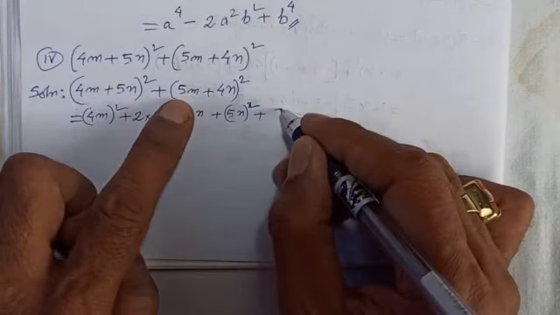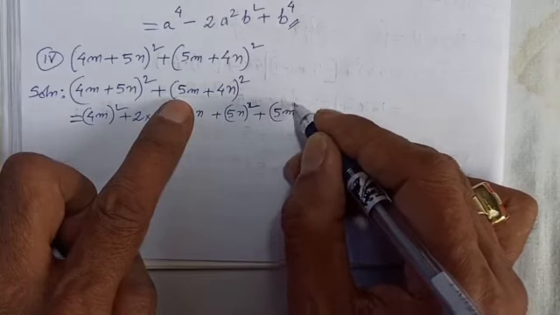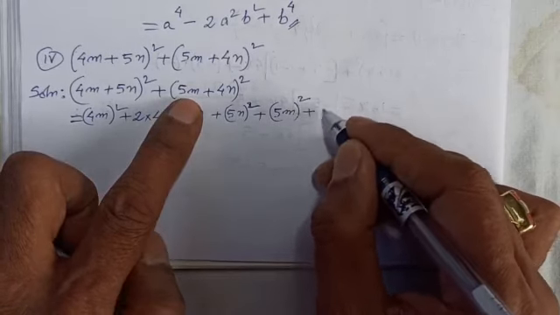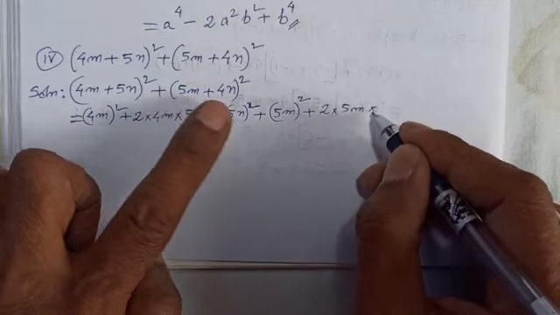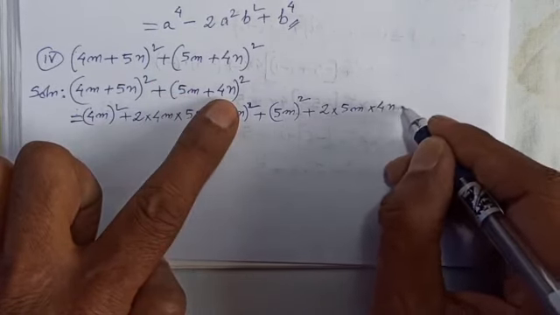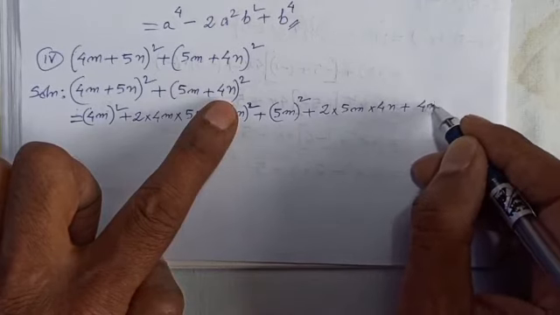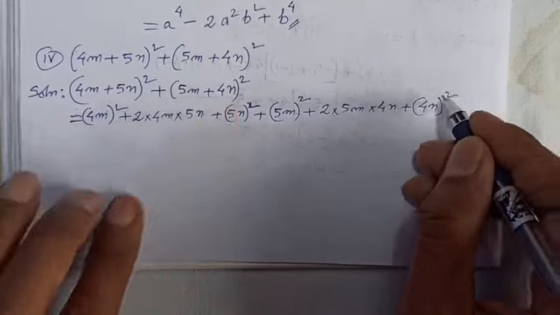Now 5m whole square plus 2 times of this number 5m into this number 4n plus 4n whole square.